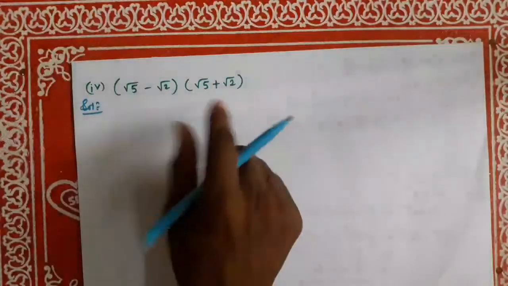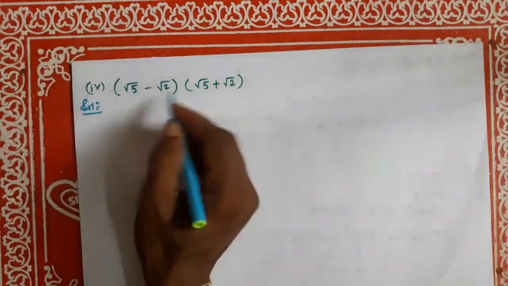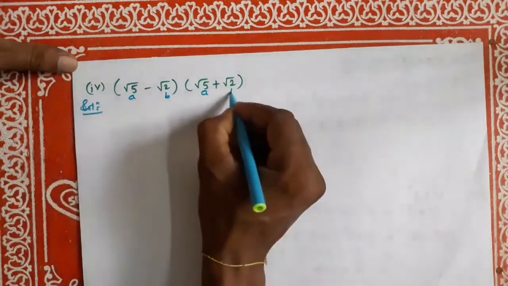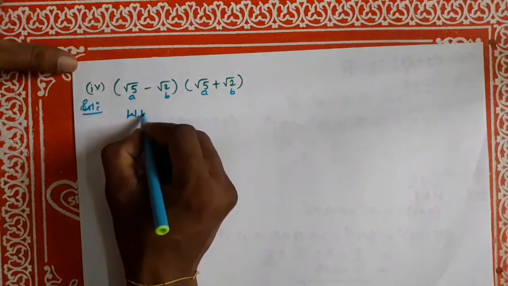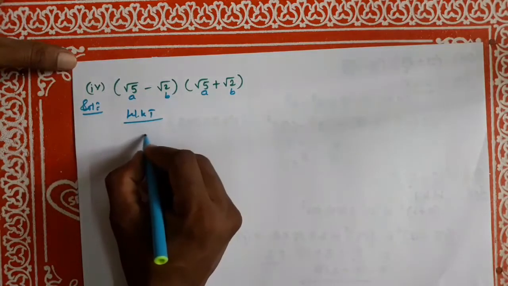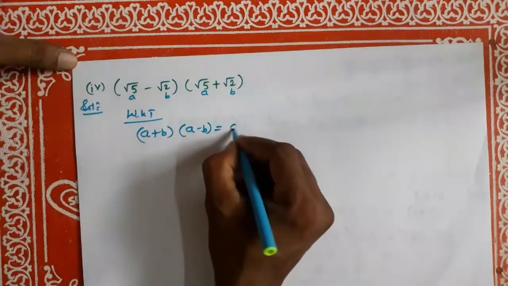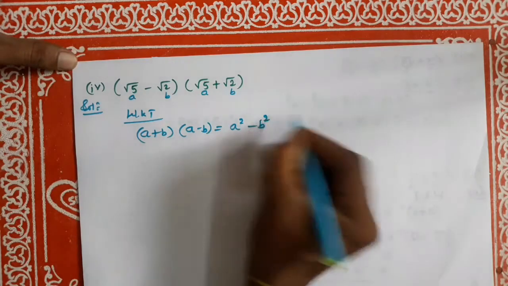Dear students, fourth question: we have an expression in the form (a plus b) into (a minus b). This is a, this is b. We know that (a plus b) into (a minus b) is equal to a square minus b square.